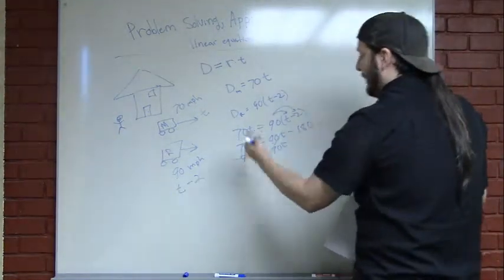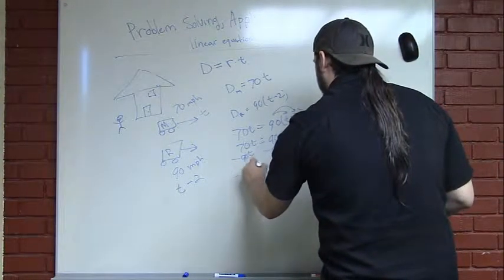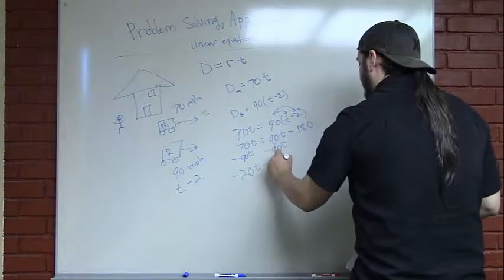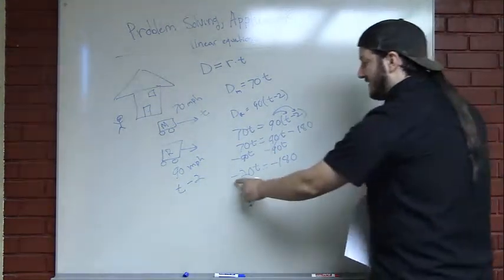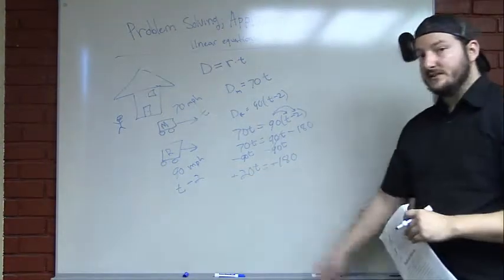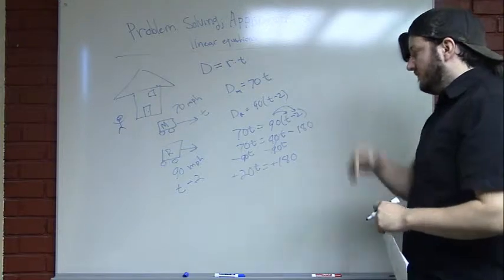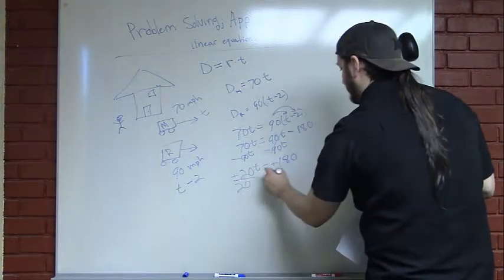So 70t minus 90t will be negative 20t, which will equal negative 180. Now, we have a negative over here and a negative over here. I'm just going to make them both positive. And then you're just going to divide by 20 to solve for t.